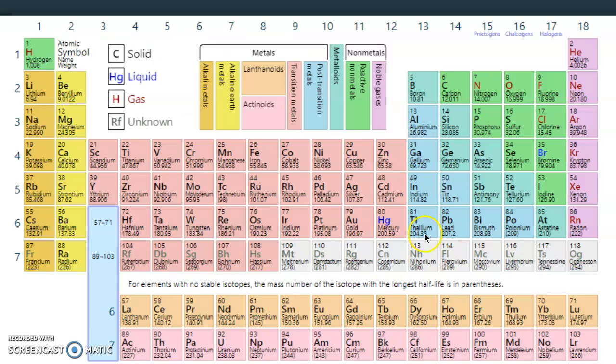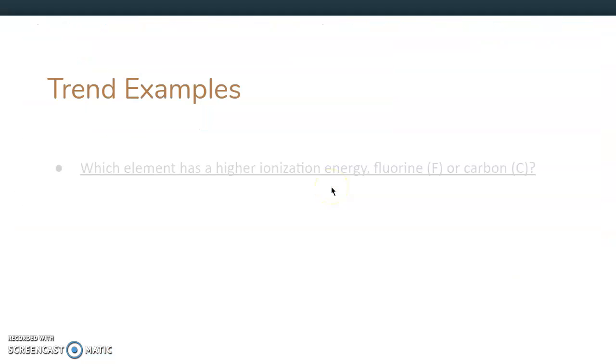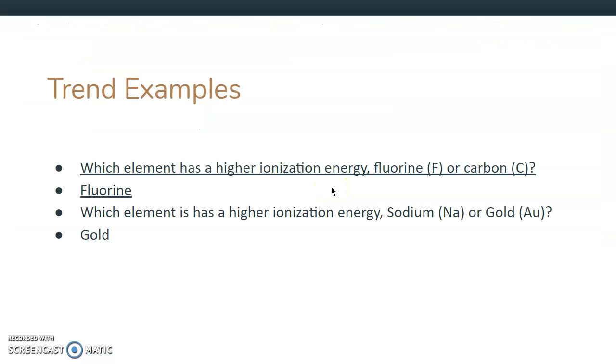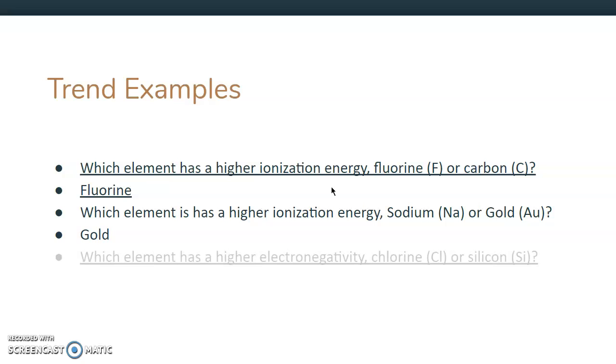So this one is a little tricky though, because our sodium's up here and our gold's over here. So we are lower on our periodic table, but we're also farther to the right. But since we're much farther to the right than we are lower, our gold has a higher ionization energy.